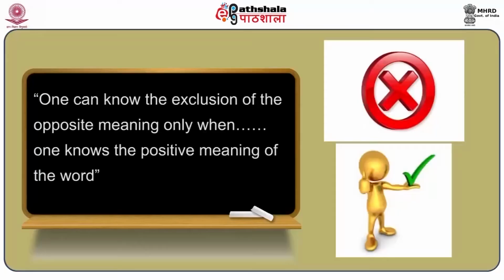Nyaya scholar Udyotakara states that one can know the exclusion of the opposite meaning only when one knows the positive meaning of a word. And it becomes nonsensical to talk about exclusion of the opposite meaning as their import if words do not refer to any positive meaning at all.